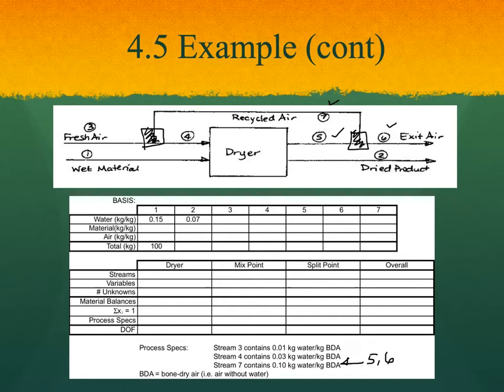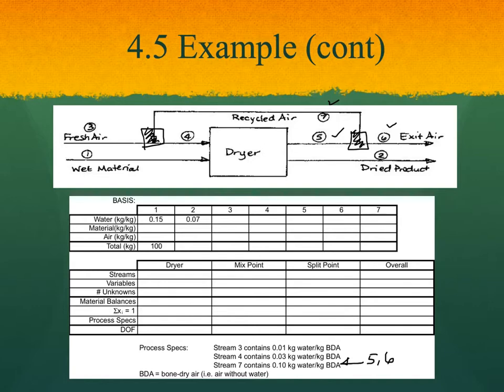Okay? So I've written these as process specs because they're not exactly mass fractions, although they're clearly related to mass fractions. But they're not going to really fit into the table directly. I have them for 3, 4, and 7, but I know because of my definition of a split point that it's also going to be true for streams 5 and 6.